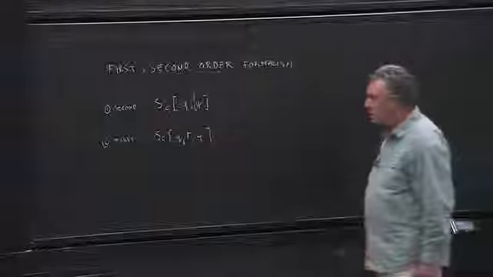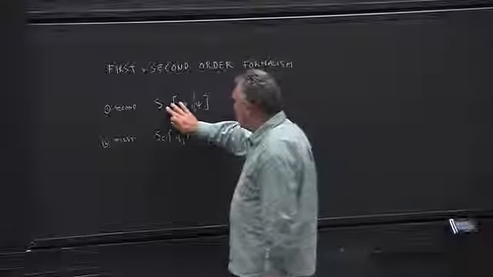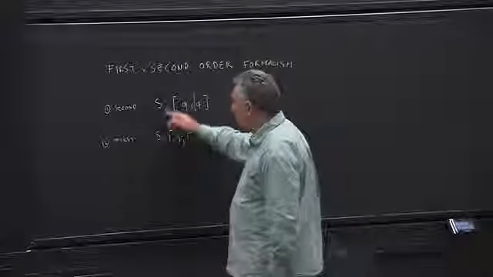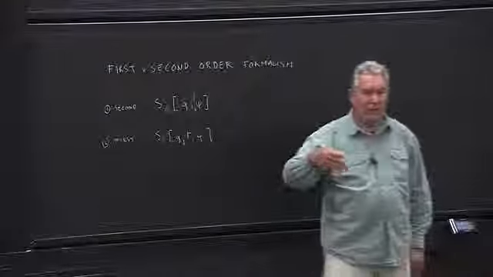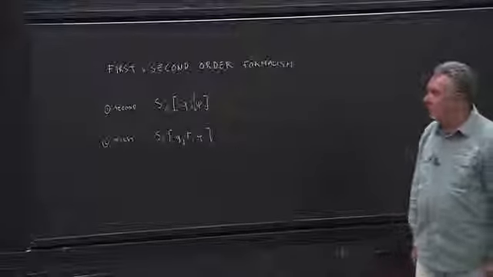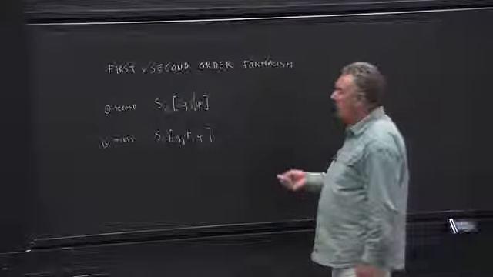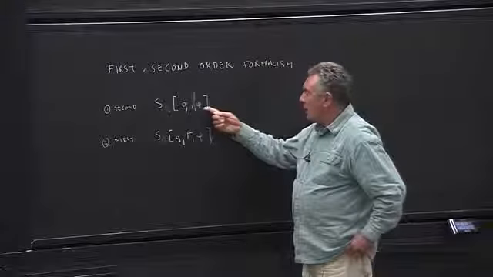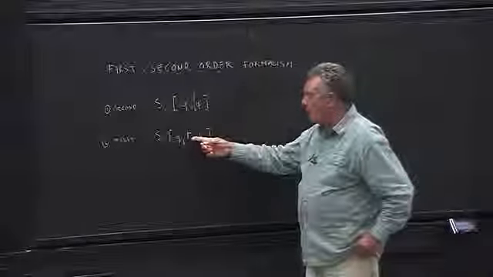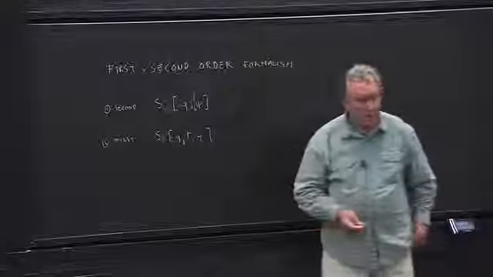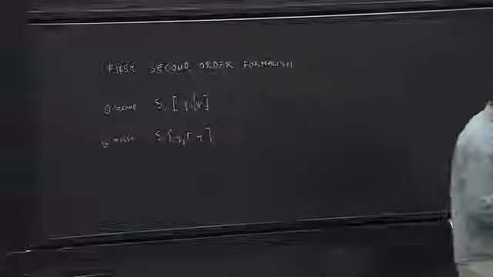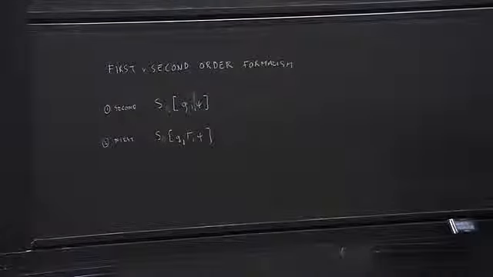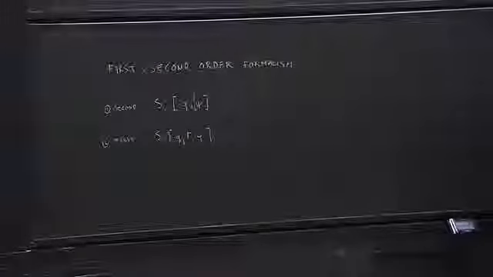Now, let S stand for gravity plus matter. If our matter Lagrangian does not depend on gamma, then everything proceeds as it did for pure gravity.